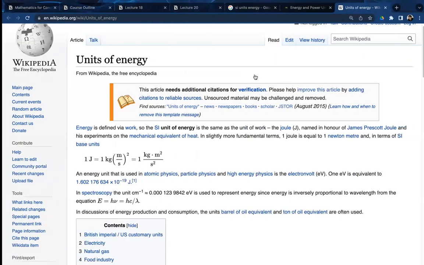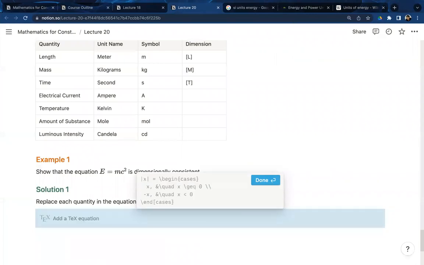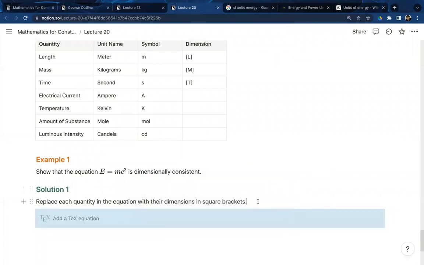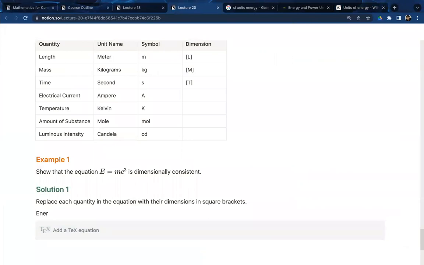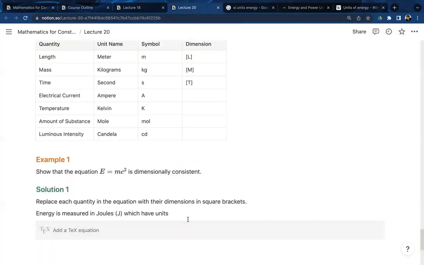So let's look at this here. Energy is measured in joules, and the symbol is J. What are the units of joule? Kilogram meters squared per second squared. You have different ways of writing that.